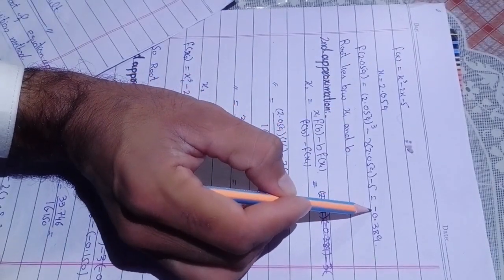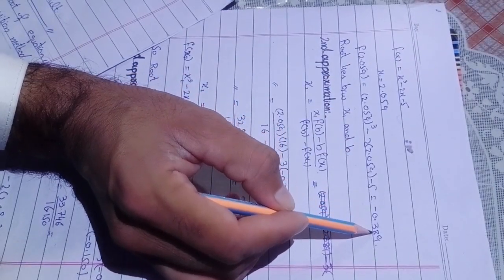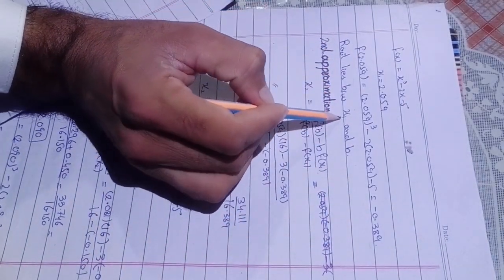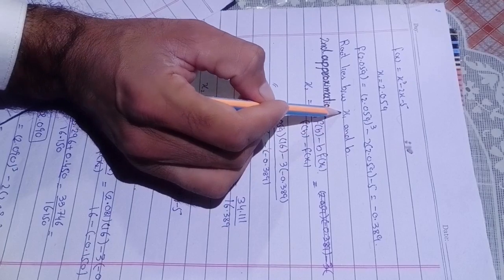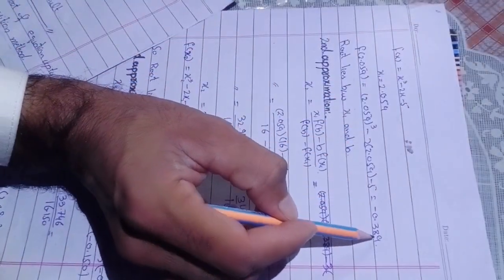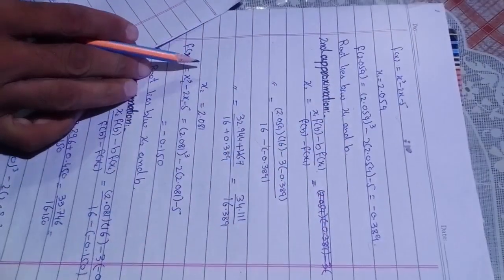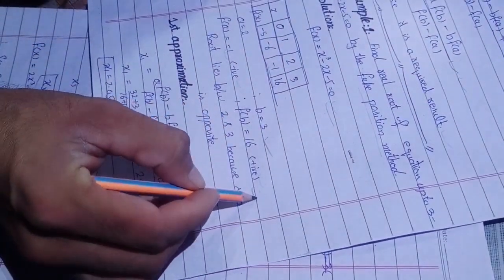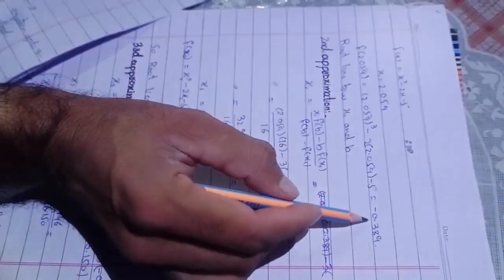Finally we will get minus 0.389. So the root lies between x1 and b because the x1 value is negative and the value of b is positive, because f of b is positive and f of x1 is negative.